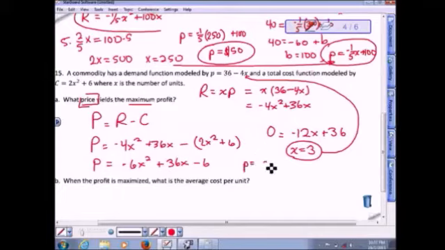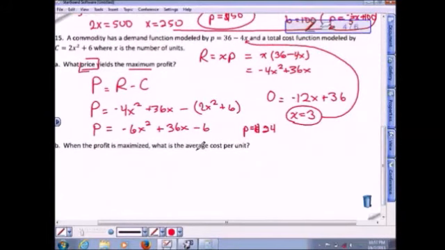So lowercase p price is $24. Now, what is the average cost?